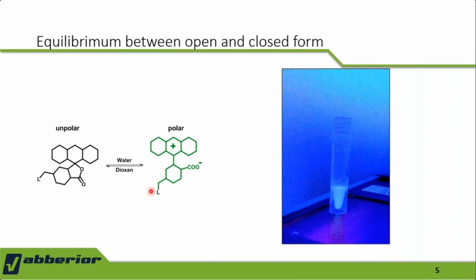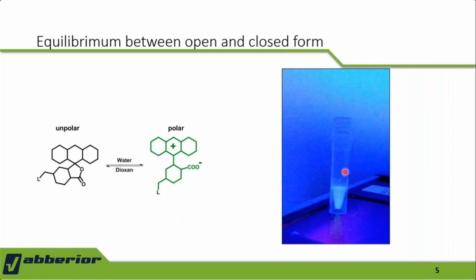So the fluorophore, basically, in a polar environment, the rhodamine is in this open, fluorescent form, but in a nonpolar environment, the equilibrium will shift to the closed form, to this lactone ring structure.